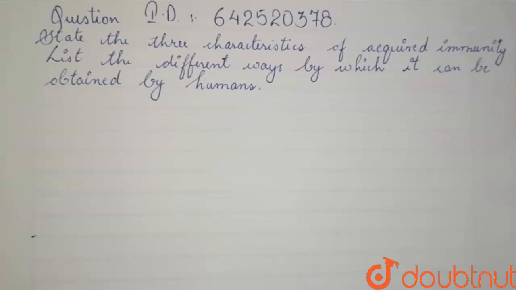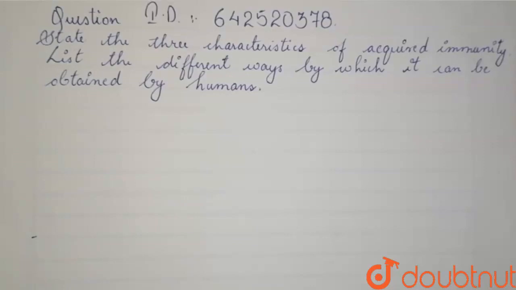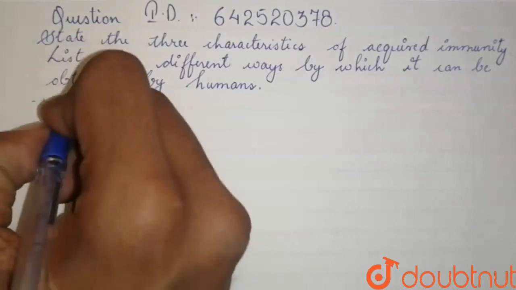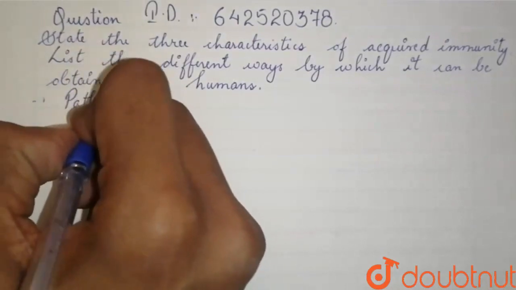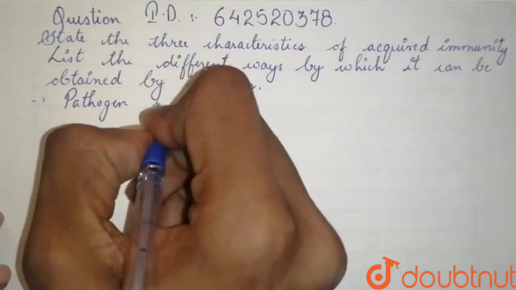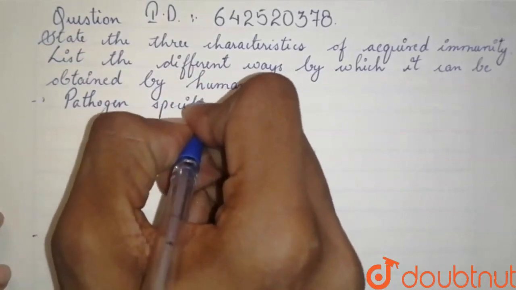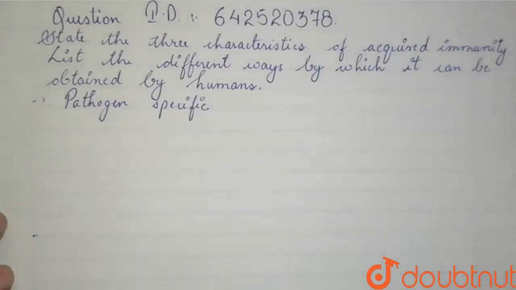Now, what are the characteristics of acquired immunity? The first characteristic of acquired immunity is that it is specific. So, we can write acquired immunity is pathogen specific. Now, what does pathogen specific mean?